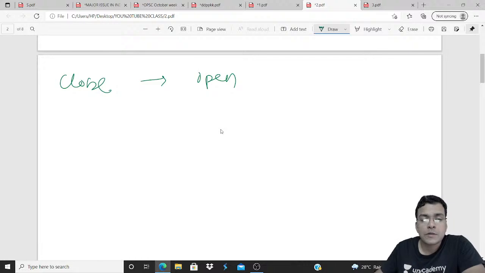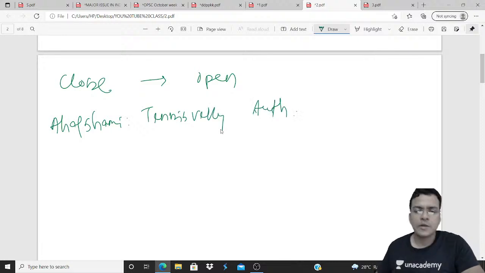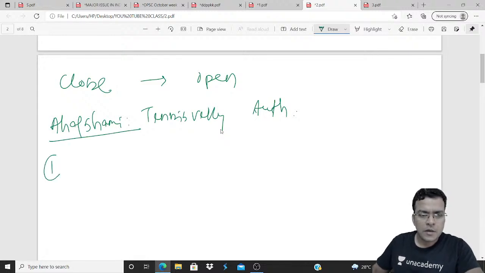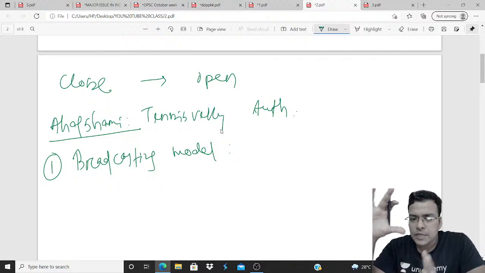And one theorist, Ahal Sami, gave a concept, Tennessee Valley Authority, which we can implicate in India. He said the concept is like a broadcasting model, that means administration broadcasts its policy, its program to people.